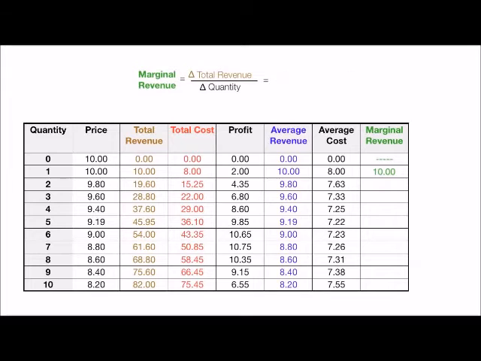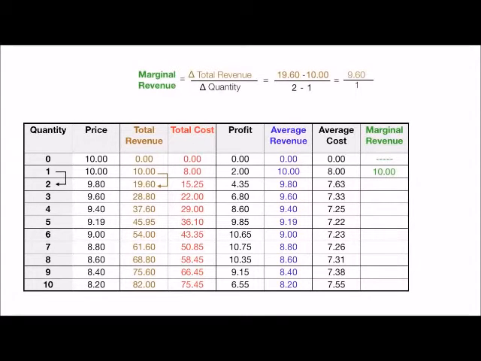If quantity increases from 1 to 2, then total revenue goes up from 10 to 19.60. And the way we make this calculation is we take 19.60 minus 10, divided by 2 minus 1. This is equal to 9.60 divided by 1.